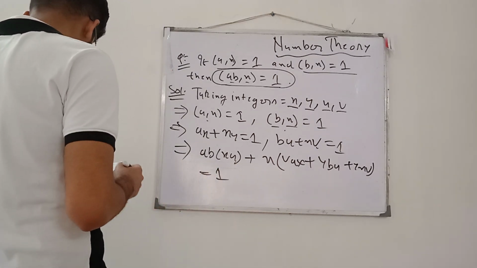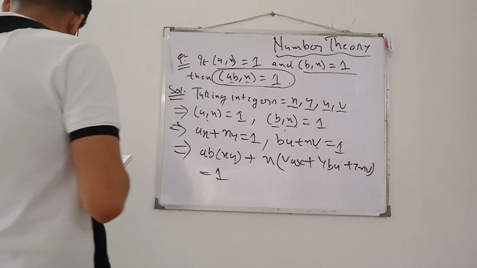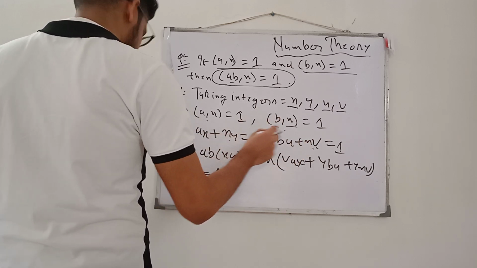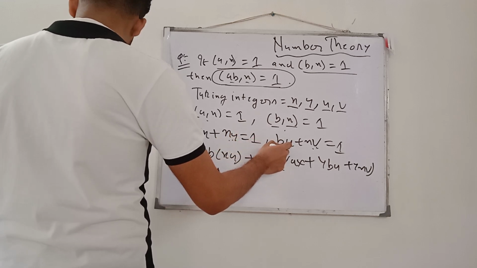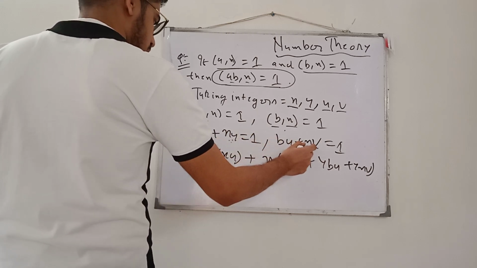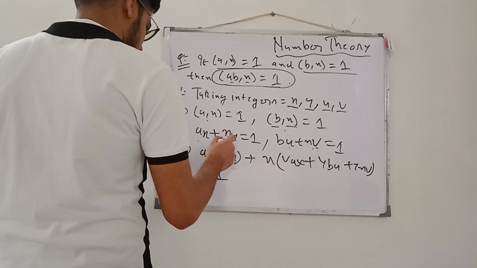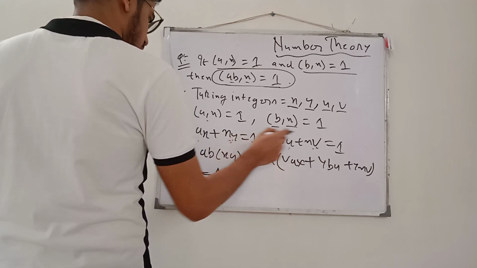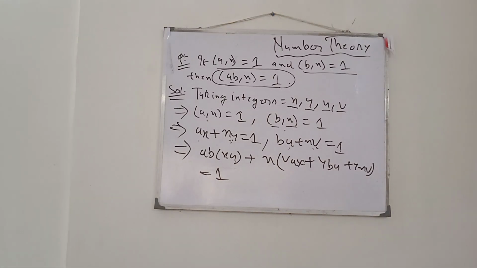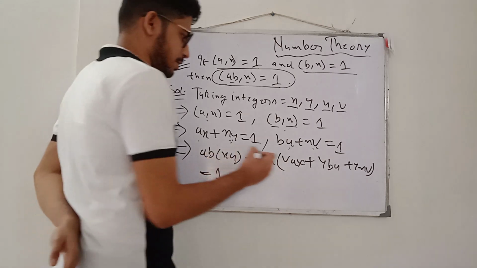Suppose n into vx, then y into bu, and then y into nv.